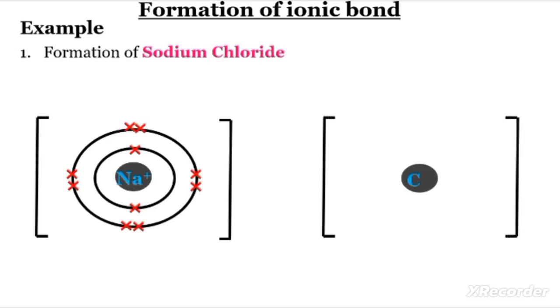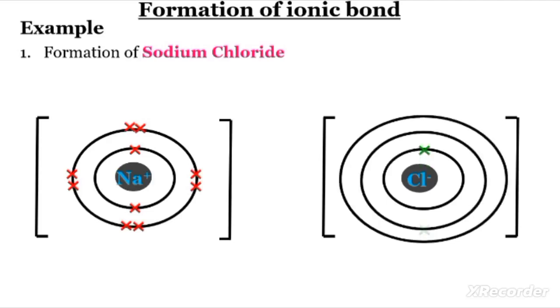Chlorine had 7 electrons in the outermost shell. After gaining 1 electron, chlorine is now having 8 electrons in the outermost shell. So we can see that chlorine is also stable.